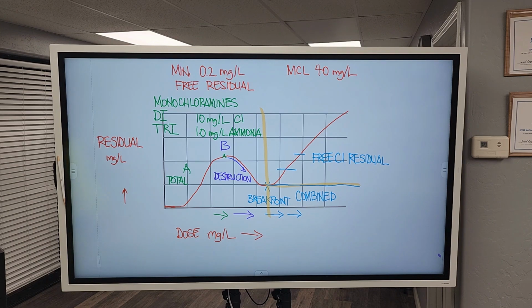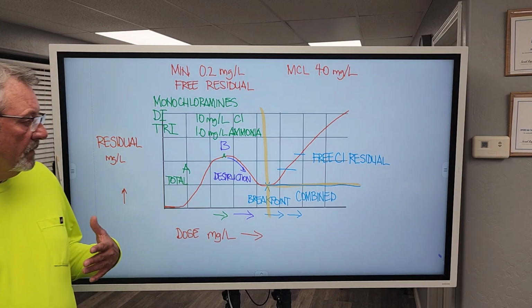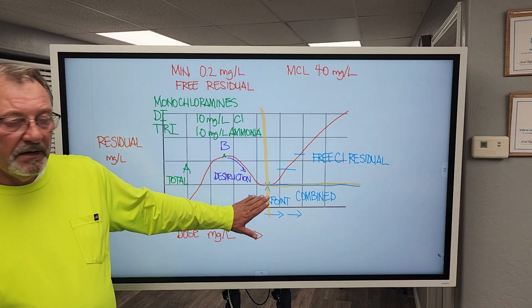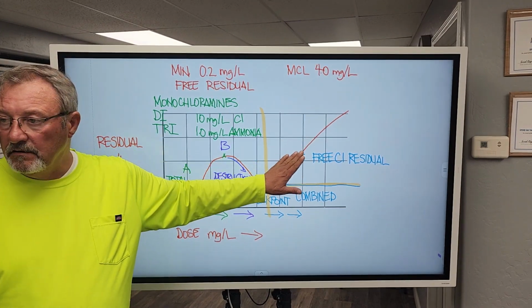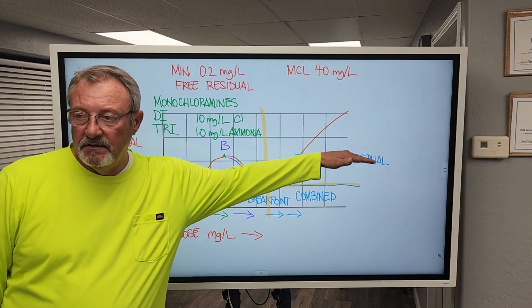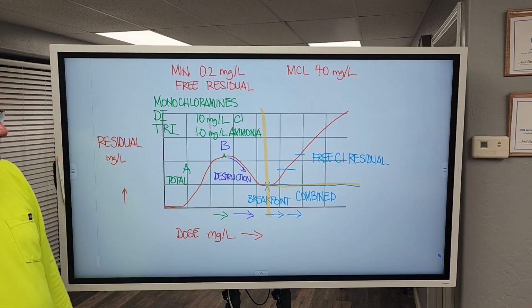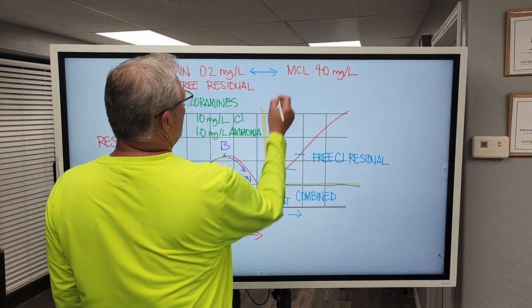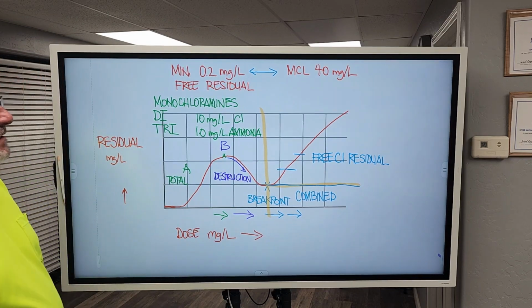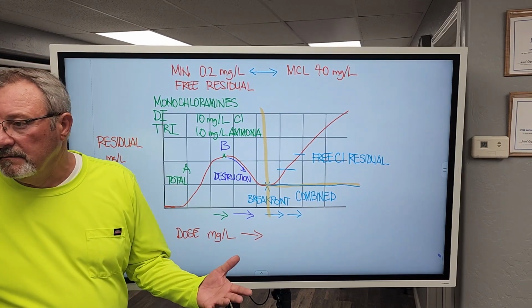Okay, so it's important to understand that once we've achieved breakpoint, we're going to determine how much free chlorine residual we want to send out into the distribution system. Because we have these min-max, right? And it depends on the system.